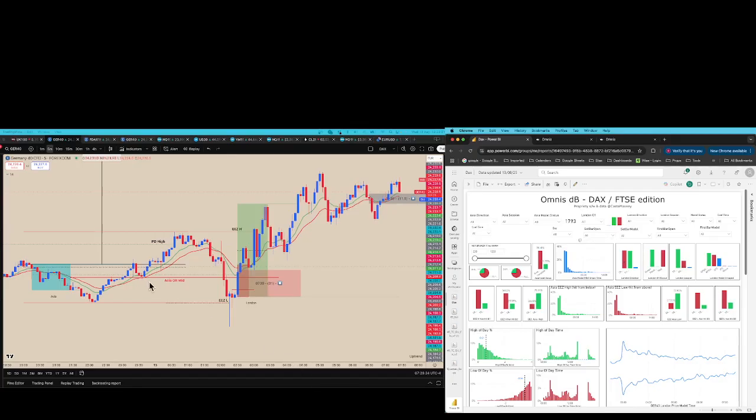Okay, just for transparency, I was at my desk earlier this morning. I saw the way this was. I saw that the low had been taken, even though this is not counted. This is not Omni based. This is structural, very, very discretionary. I was a little bit out of my comfort zone because I don't normally like to take trades before the open, but I did this morning and I bought a break of this candle here.